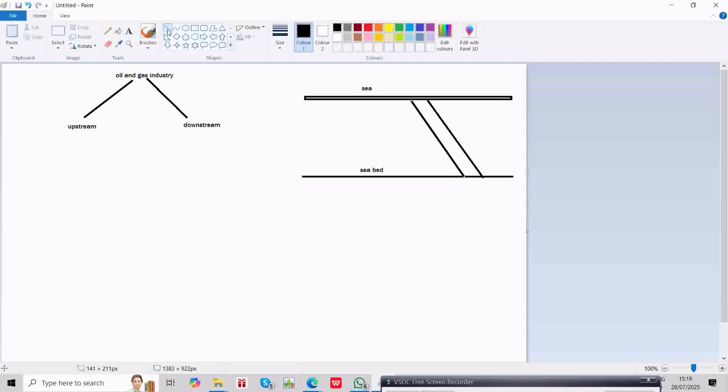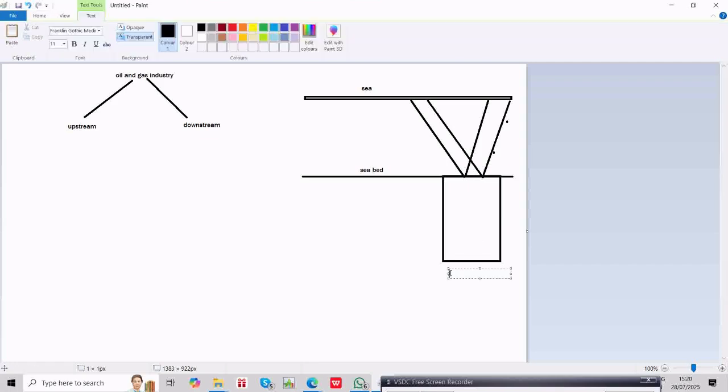Now these seismic waves will get reflected back to them. When they get reflected back, they will come to know that there is an oil reservoir below the seabed.